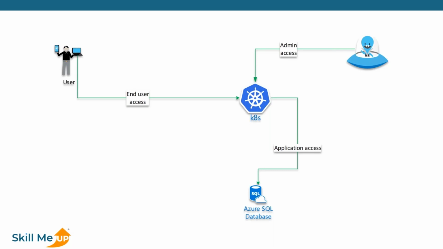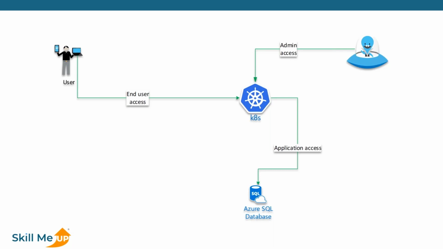We can add Azure Active Directory in the application logic as the authentication mechanism. We can control access using different network controls. But we still need to provide access to our DevOps engineers, our developers, maybe even our other administrators as well.